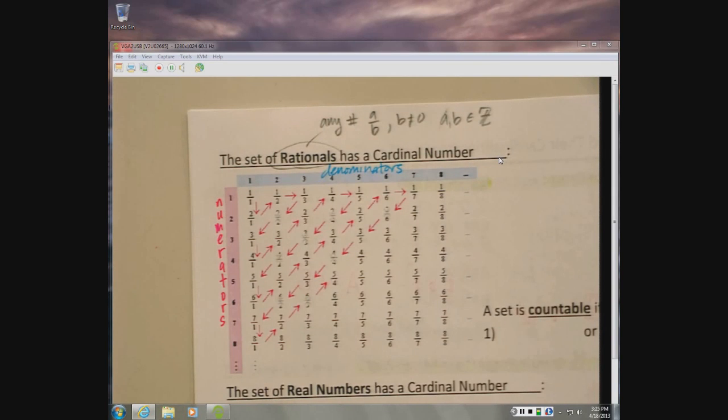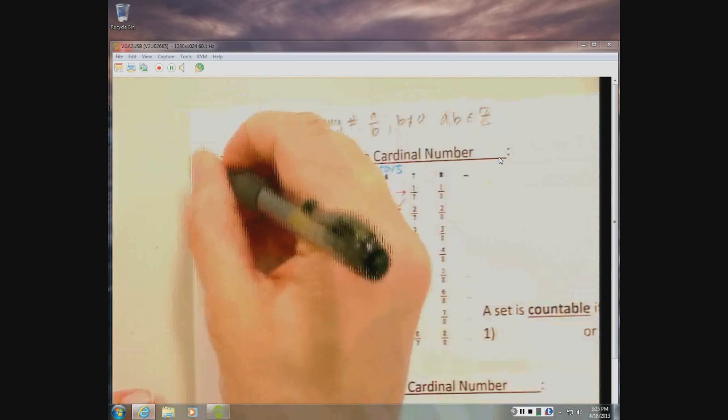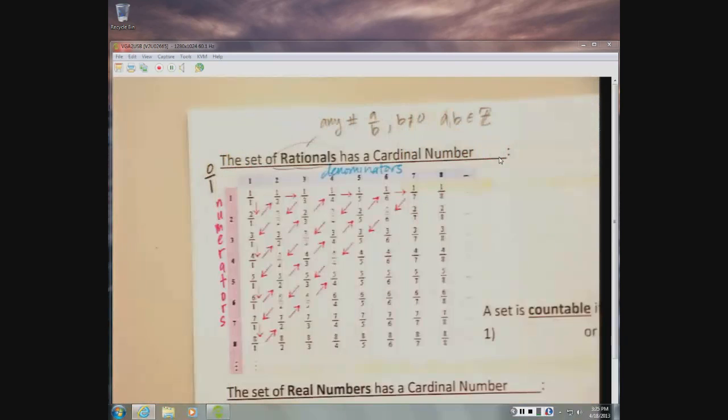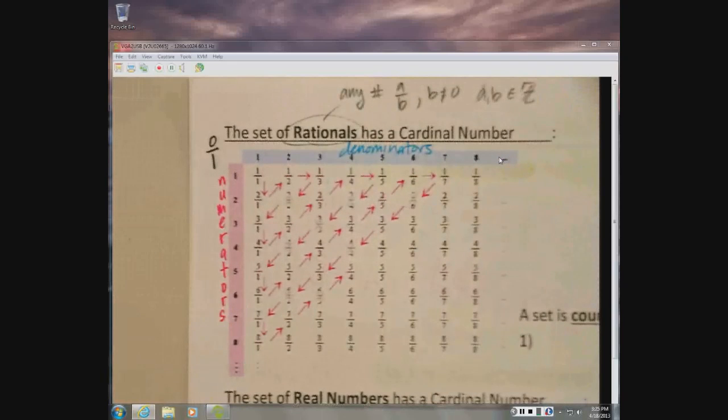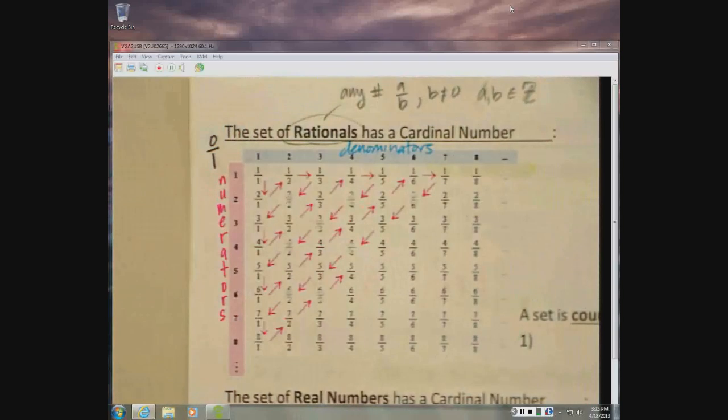What we need to do, though, is find a way of systematically counting them. Now, if I lay it out like this, I'm going to say that we start with the fraction 0 over 1. And if I start with 0 over 1, I can start here, and then I'm going to come in and zigzag through this list. I'll zigzag in pink.